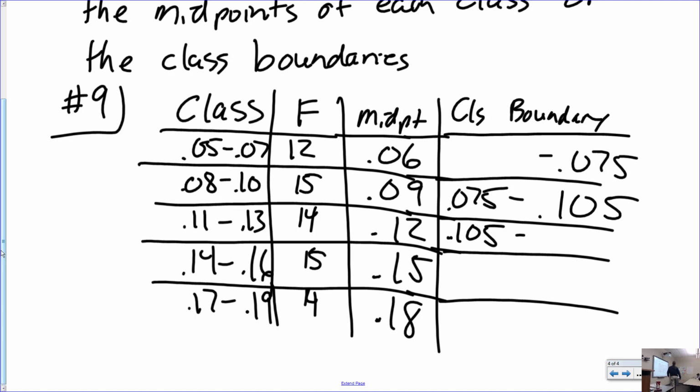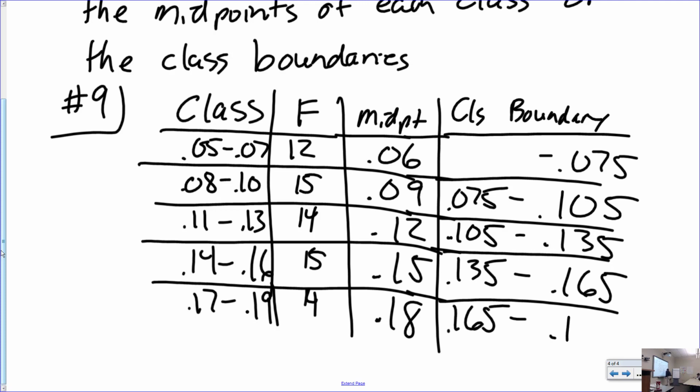Okay? So, 0.135, 0.135, 0.165, 0.165, 0.195, and up here subtract 0.03, 0.045. Again, that's the way these midpoints and class boundaries work. It's a pattern.